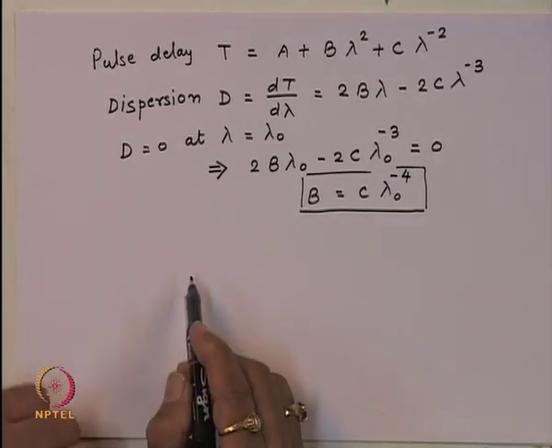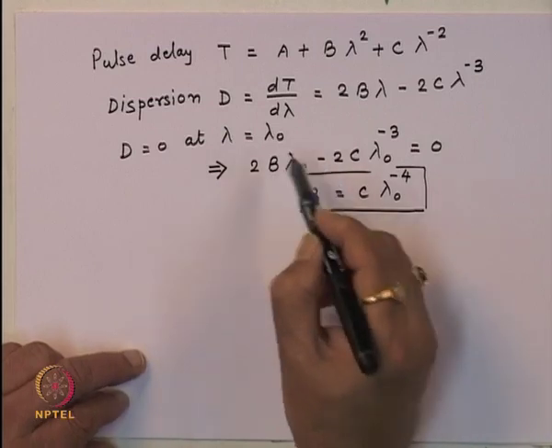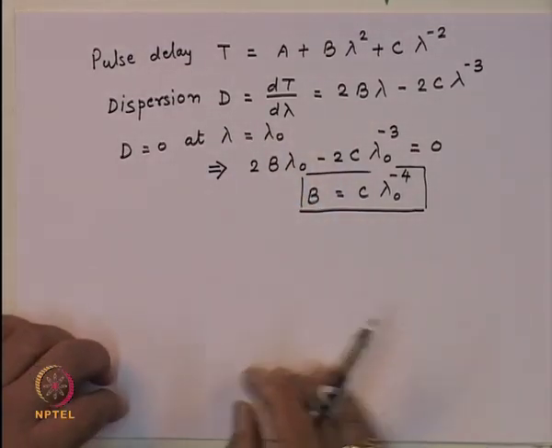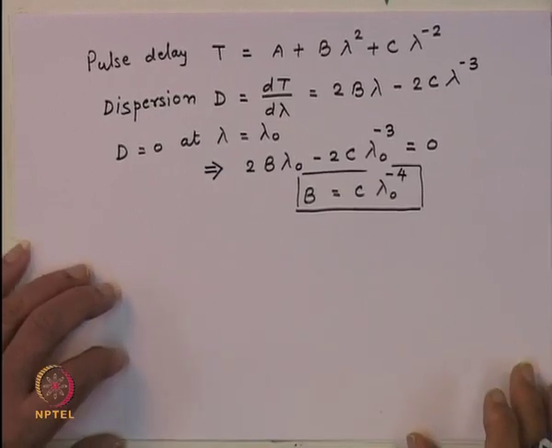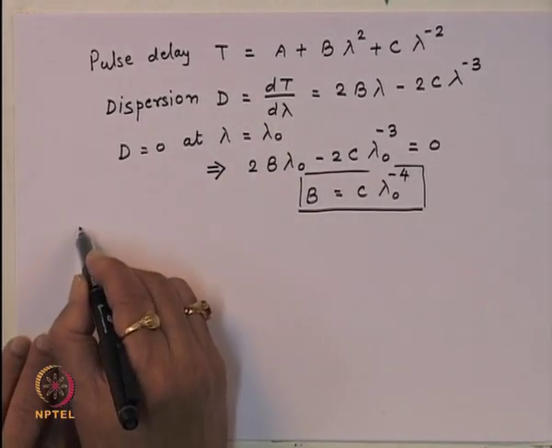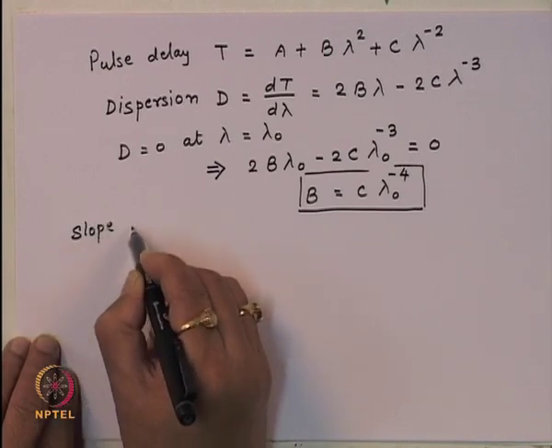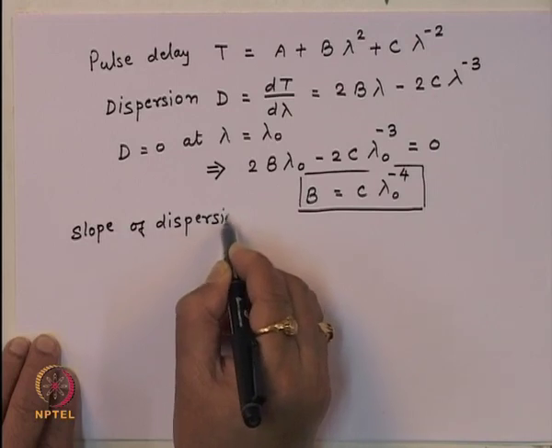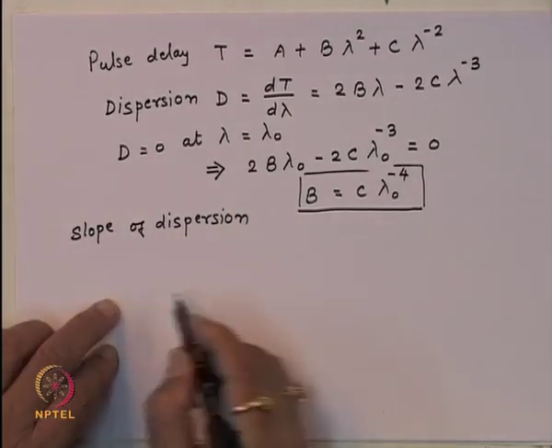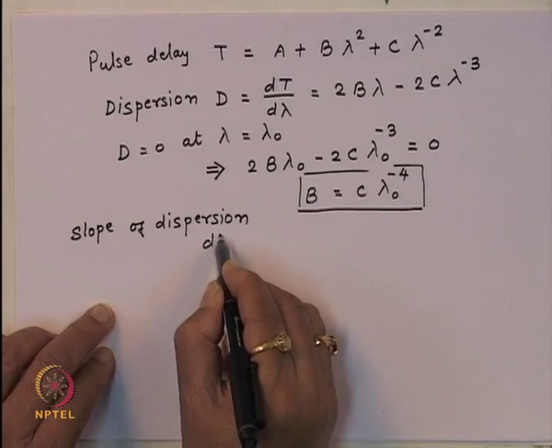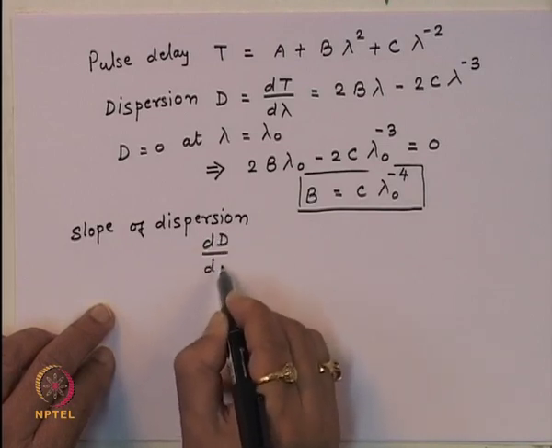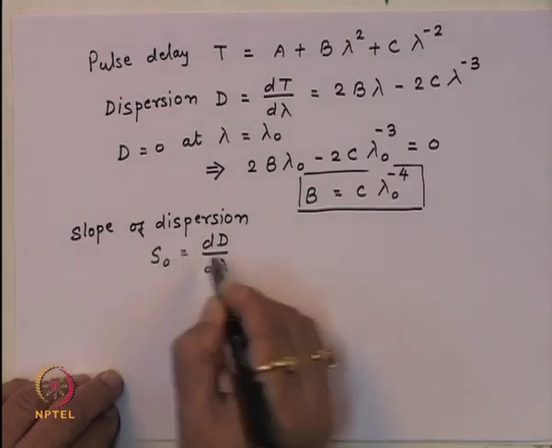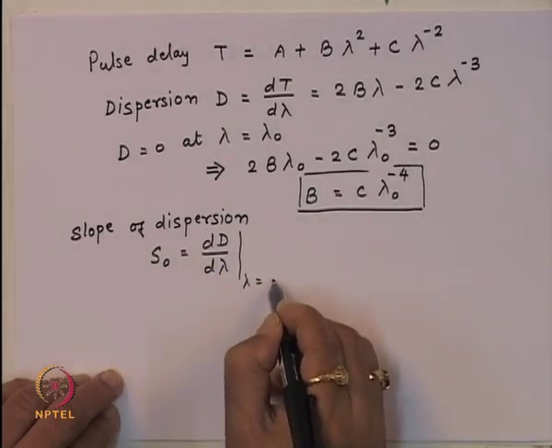The second thing which is given there is that the slope of the dispersion at this wavelength lambda equal to lambda 0 is given by parameter S naught. So, we can calculate the slope of dispersion, which is dD by d lambda, and this is given as S naught at wavelength lambda equal to lambda naught.